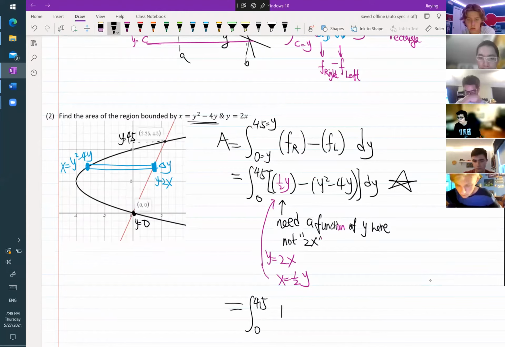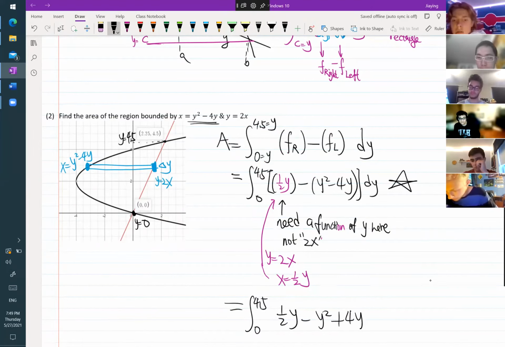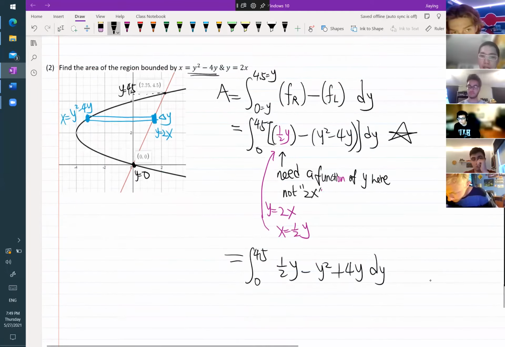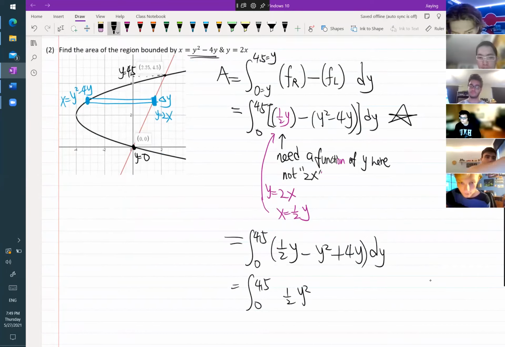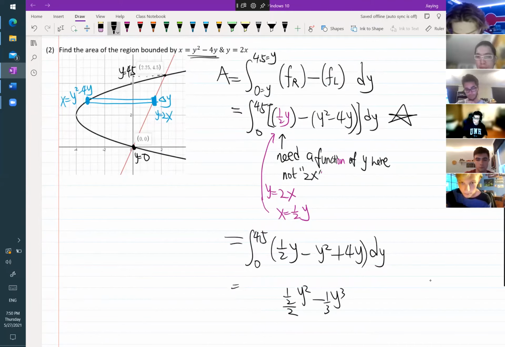So we get 1/2 y minus y squared plus 4y dy. And then if we find the antiderivative, from 0 to 4.5, the 1/2 y gives you 1/2 y squared over 2. Minus y squared, so that's y cubed over 3, 1/3, plus 4y squared divided by 2.